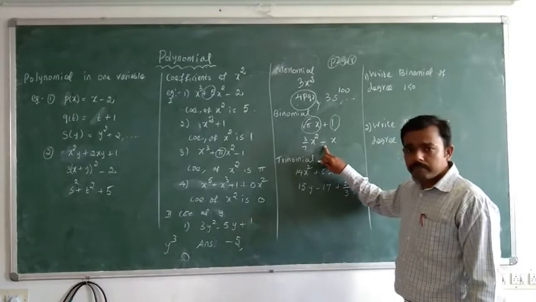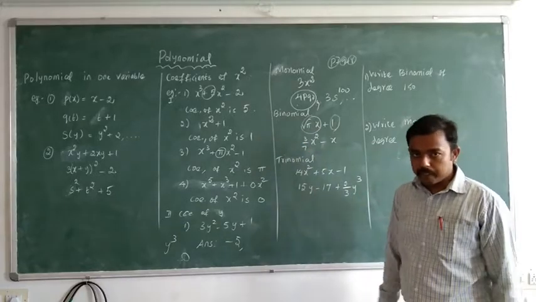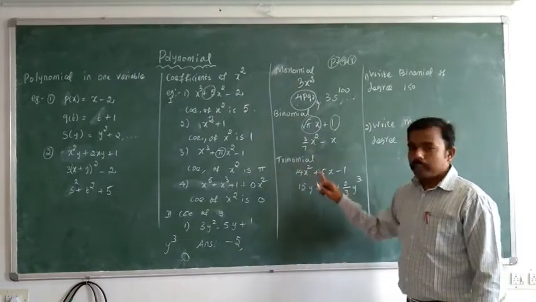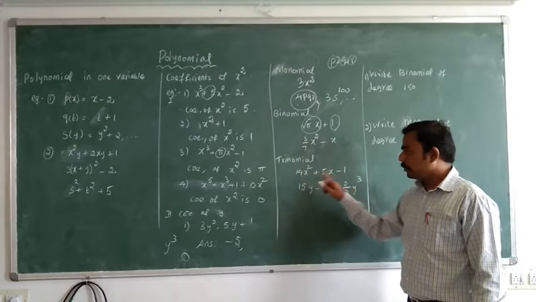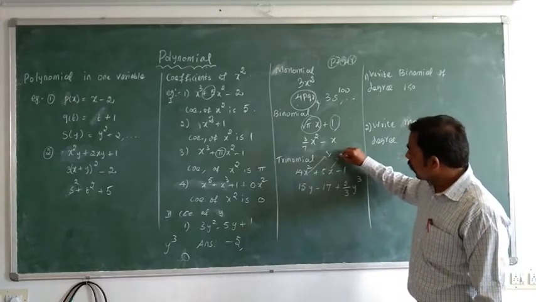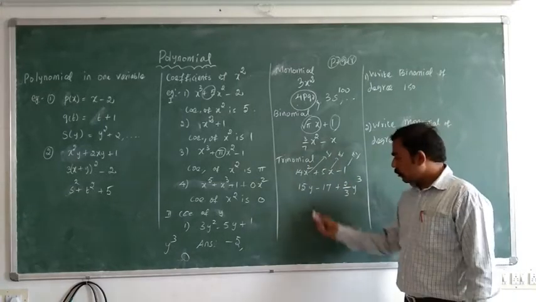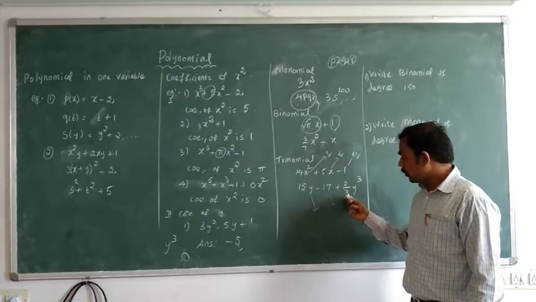Check the sign, only one sign is there, so two terms, so binomial. Similarly, trinomial, check the signs: 1, 2. So first term, second term, third term. So it's called a trinomial. Similarly, here first term, second term, third term.